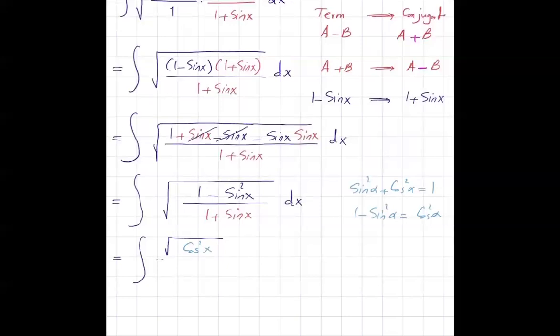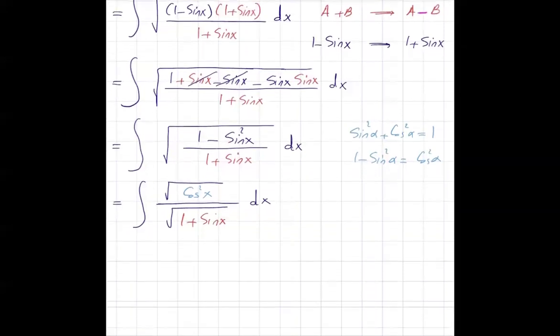You can separate these integrals, no one's stopping you, divided by square root of 1 plus sine x, then you have dx. But the square root of cosine squared is cosine. You have cosine on the numerator. On the denominator, you have the square root of 1 plus sine of x.